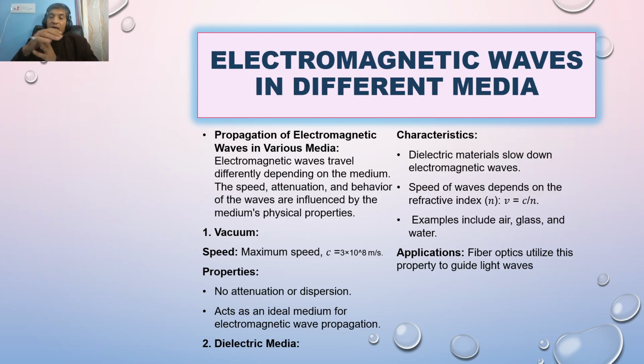As we increase the refractive index, there is a sharp decrease in the velocity of the electromagnetic wave, according to the relation you have seen in the PPT. Some applications are fiber optics and guided light waves. Now let us move to the next PPT.